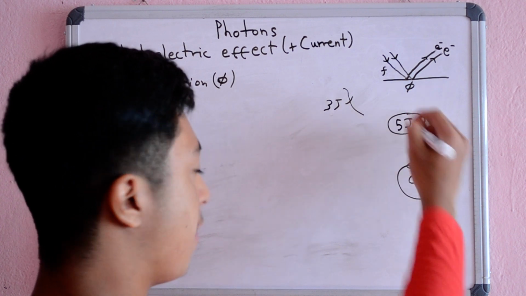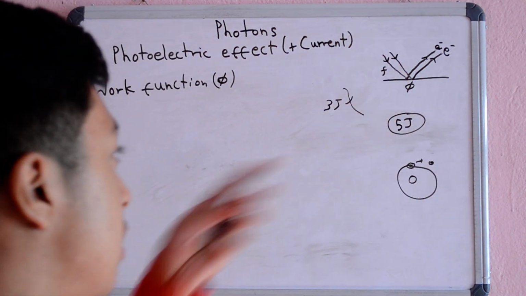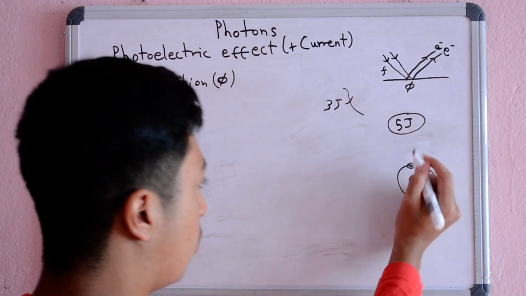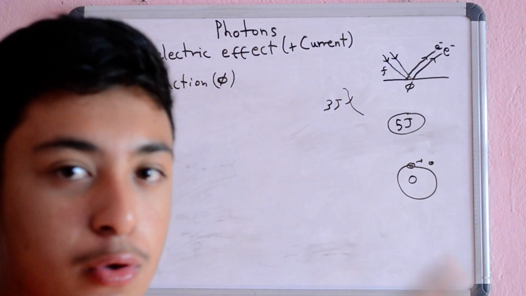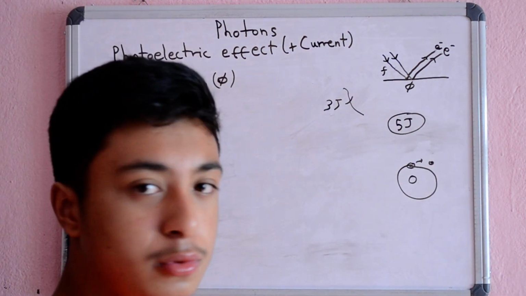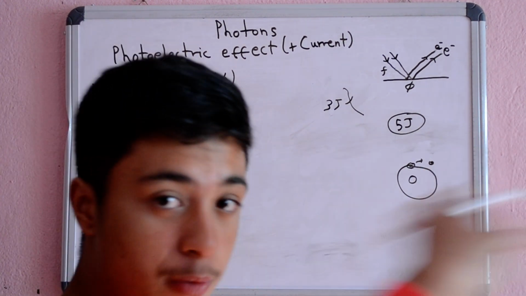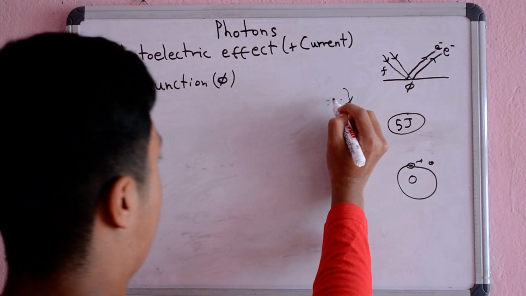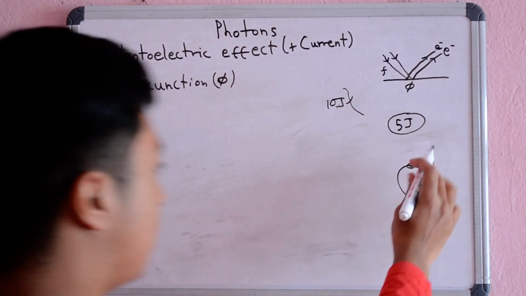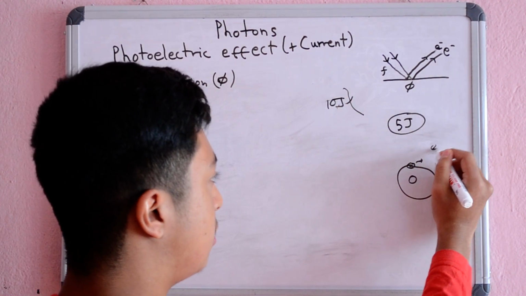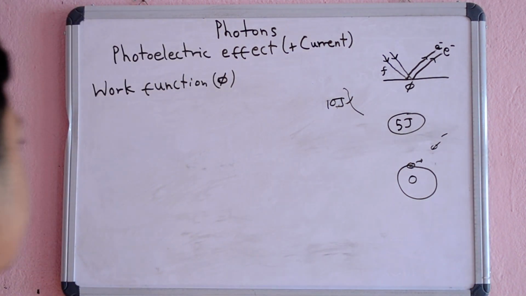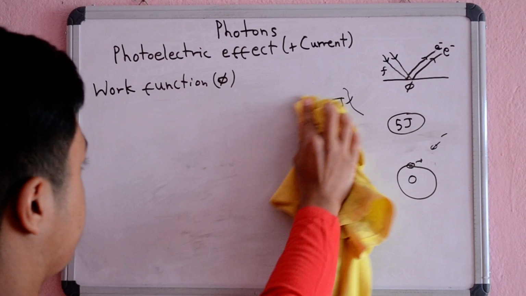You need a minimum of 5 joule to emit the electrons out of their orbits. So the 3 joules only make the electrons vibrate in their orbits, but not strongly enough to release them. And of course, if we have a higher amount of energy, these electrons will go out farther and farther away the more energy you have. So that is the work function.